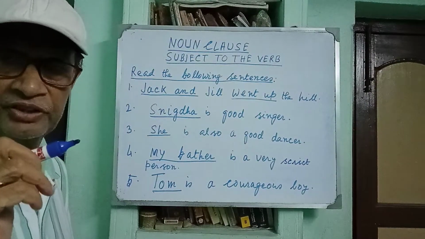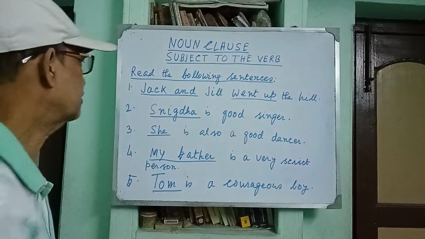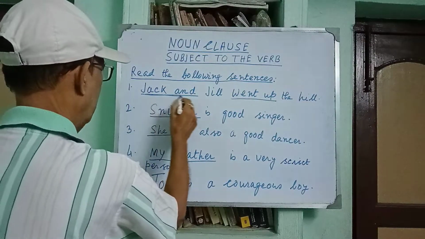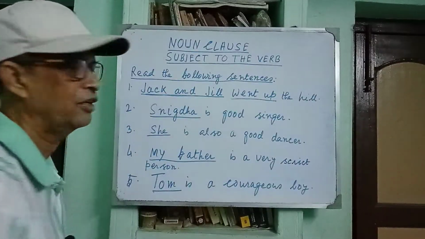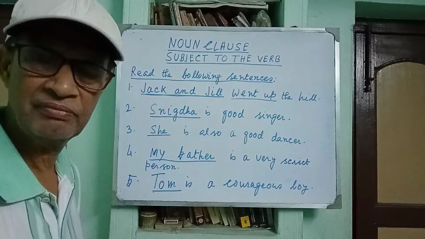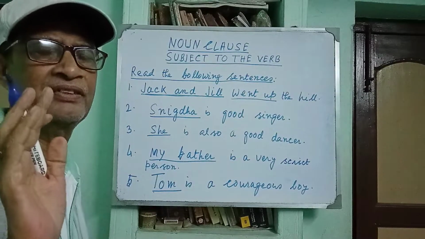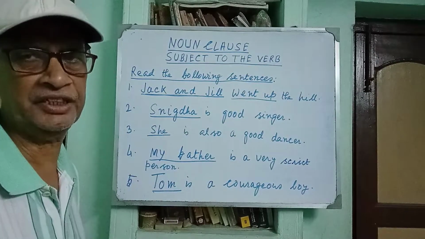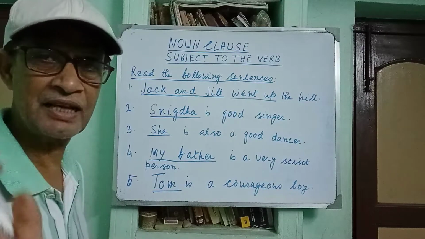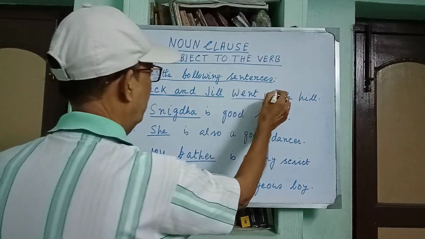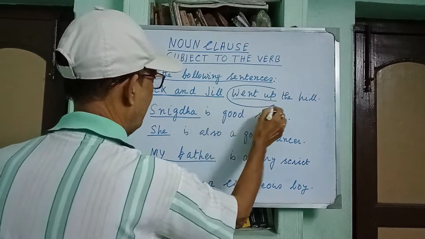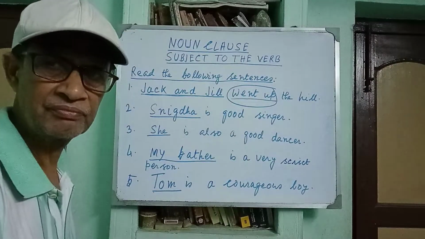And there are 2 subjects, Jack and Jill. So Jack and Jill are nouns acting as the subject to the verb went up. Clear?